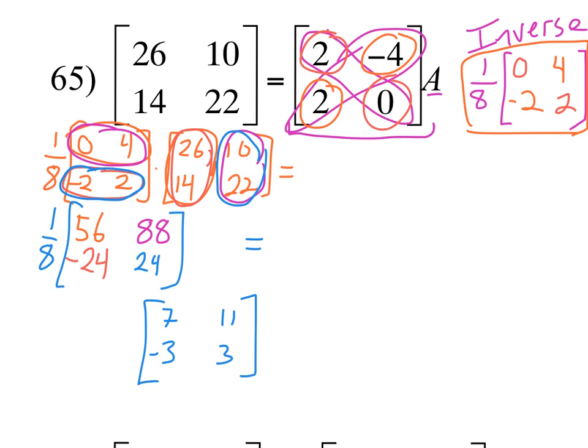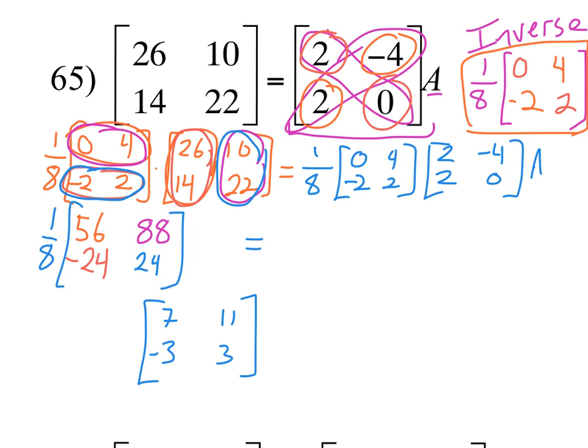So for that, we're going to look at the right side of our problem. And again, I'm going to multiply that inverse matrix to both sides. So I'm going to rewrite that here. [2, negative 4; 2, 0], and then A. And I'm going to repeat the process we just did.